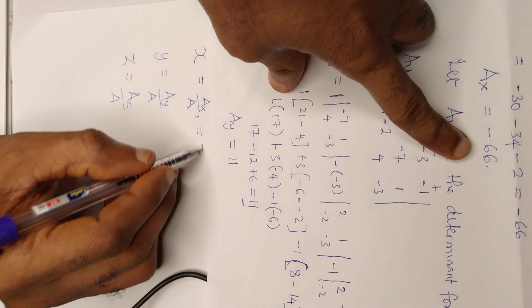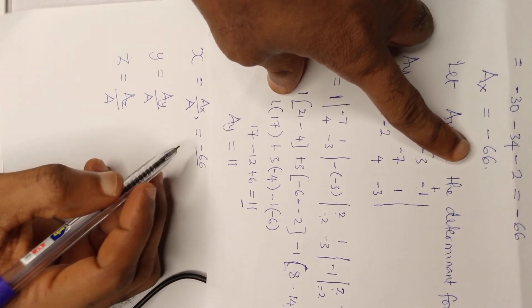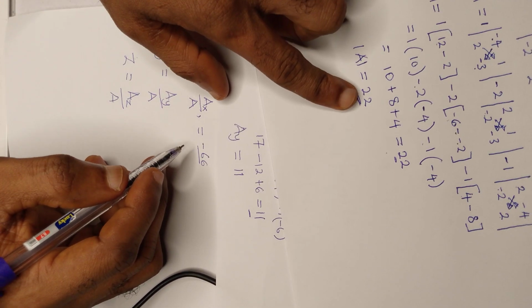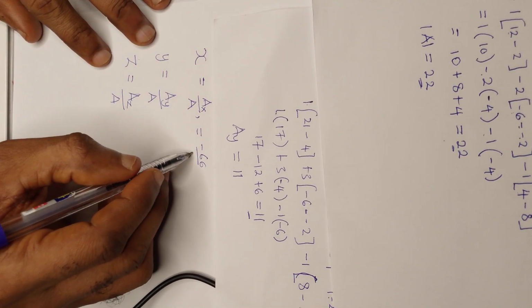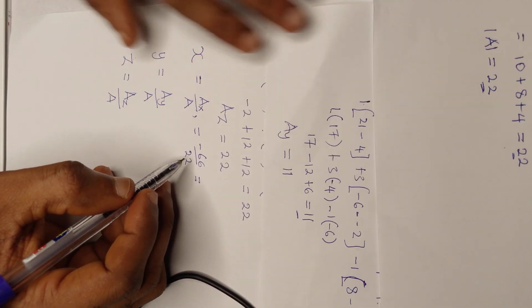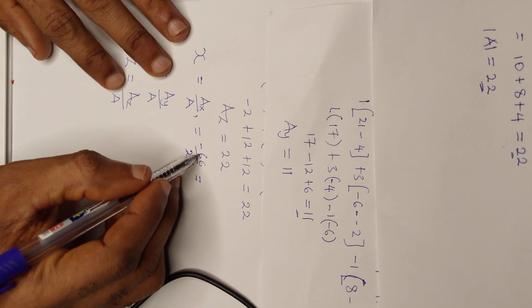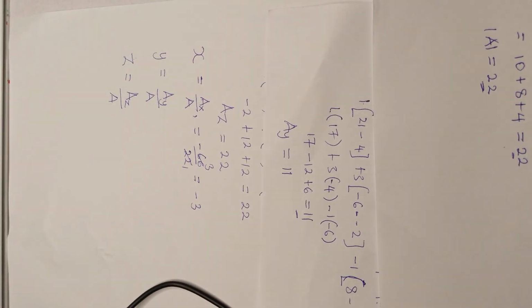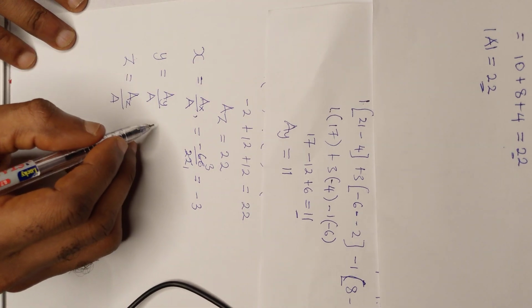So we have minus 66 divided by the determinant for our A, which is 22. So A is constant, it is 22. So 66 divided by 22, this is 1, this is 3. So minus 3. That's what the value of our x will be.